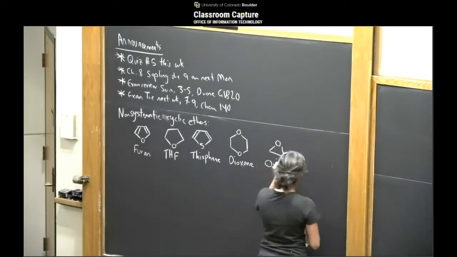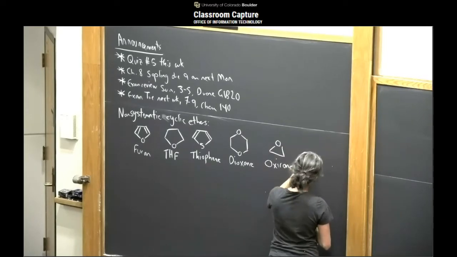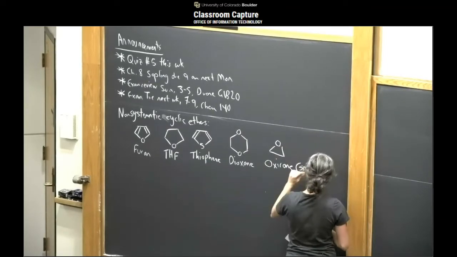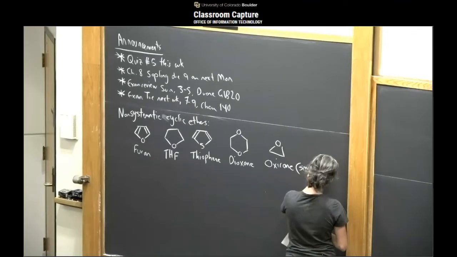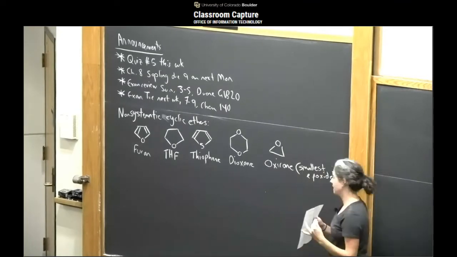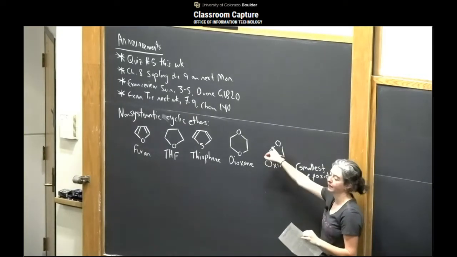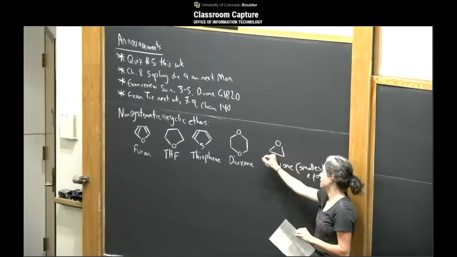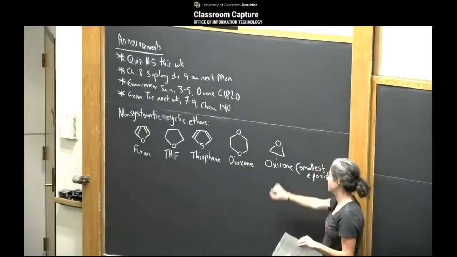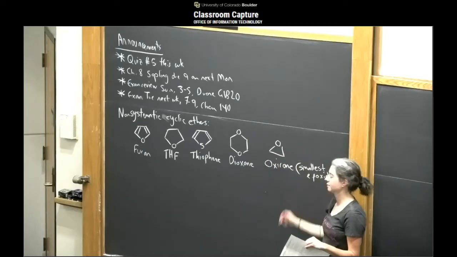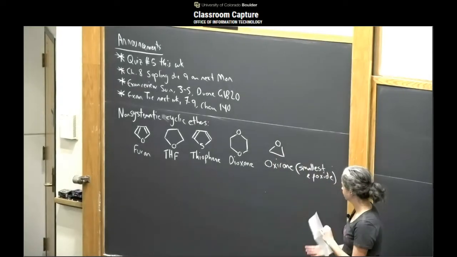So oxirane is the smallest example of an epoxide. So an epoxide is anything with a 3-membered cyclic ether in it, this ring with carbon-carbon-oxygen. But most of the time you'll see other R groups hanging off one or both corners.